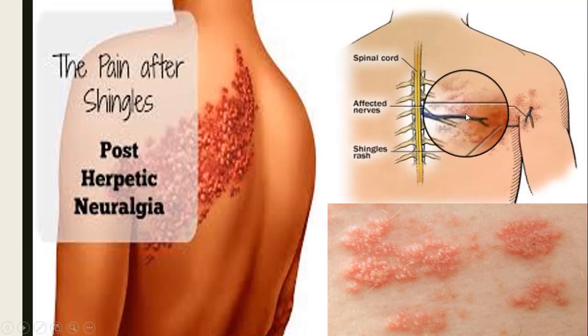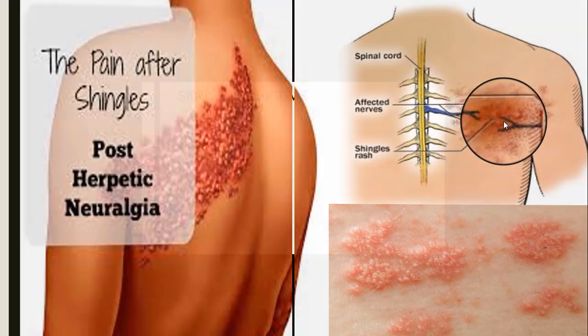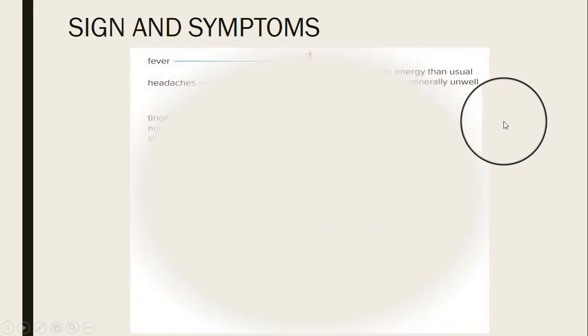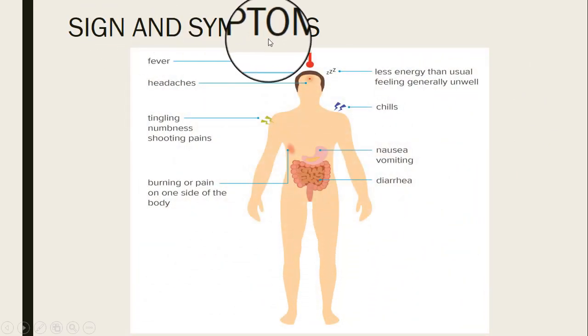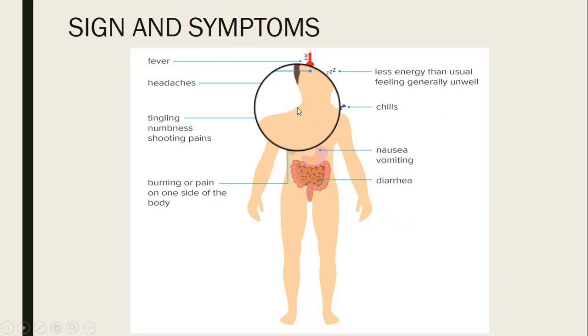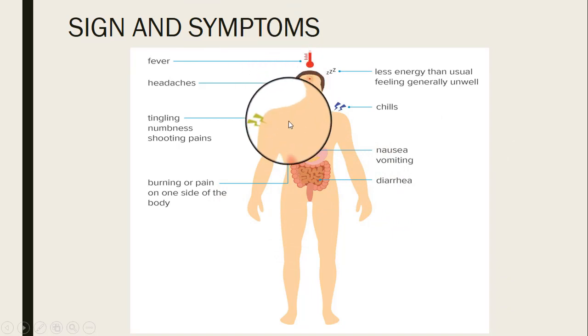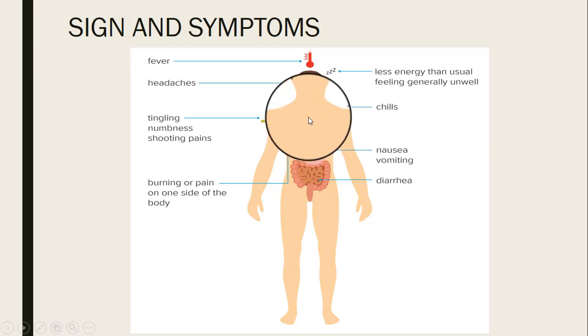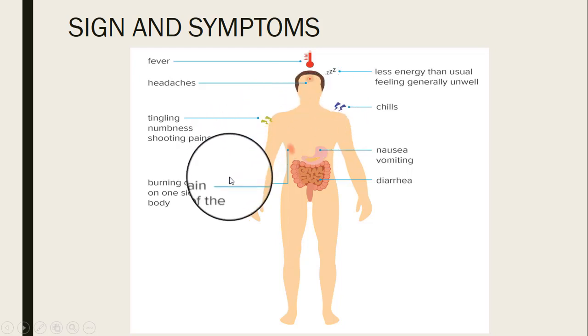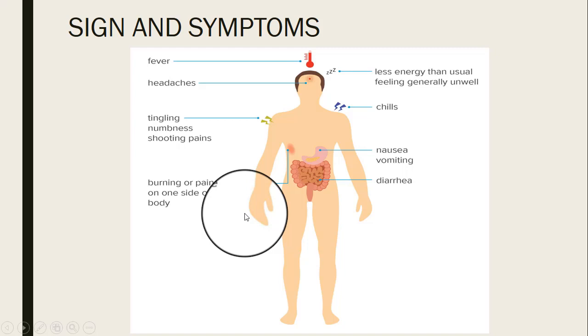Now next we'll talk about the clinical features, that is, the signs and symptoms of post-herpetic neuralgia. Shingles typically causes a painful blistering rash on your body. And post-herpetic neuralgia is a common complication that only occurs in people who have already had shingles.